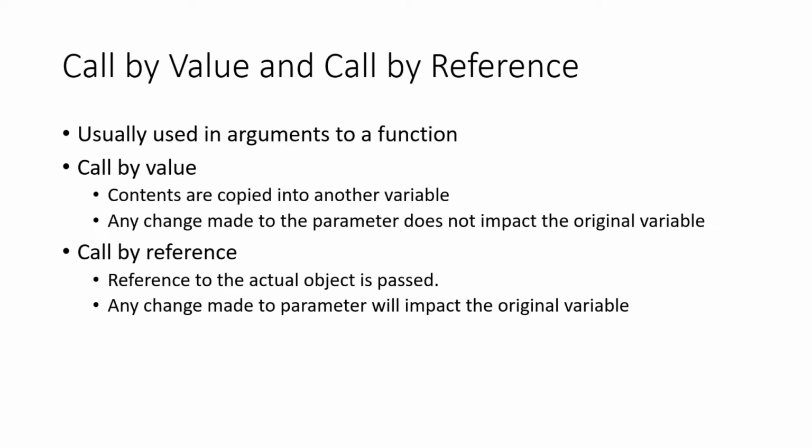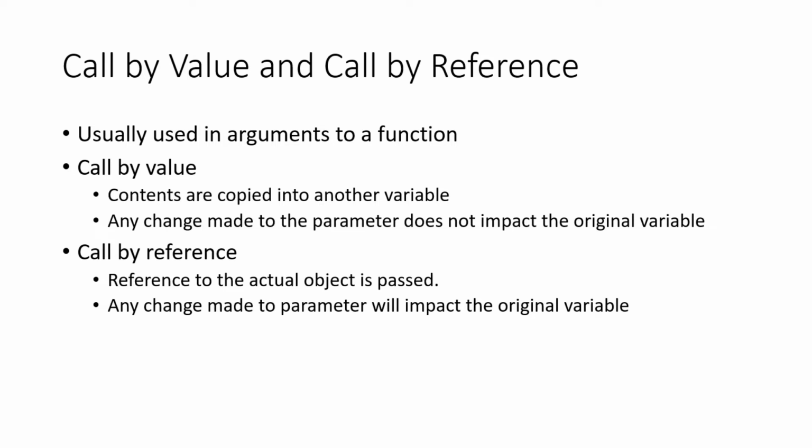So think of it as in memory location XYZ, you have a variable, an integer I. When you call a method with call by reference, you're actually referencing the same memory location. So a copy does not get passed. It's a reference to the actual memory location, and any change you make to the parameter is going to impact the original variable.